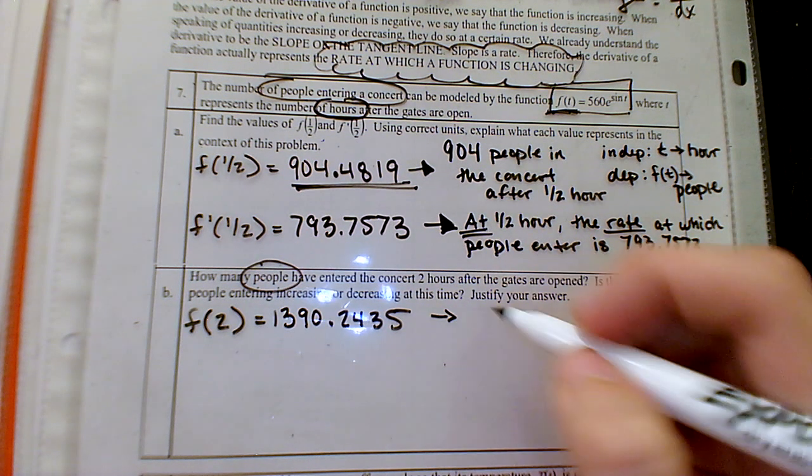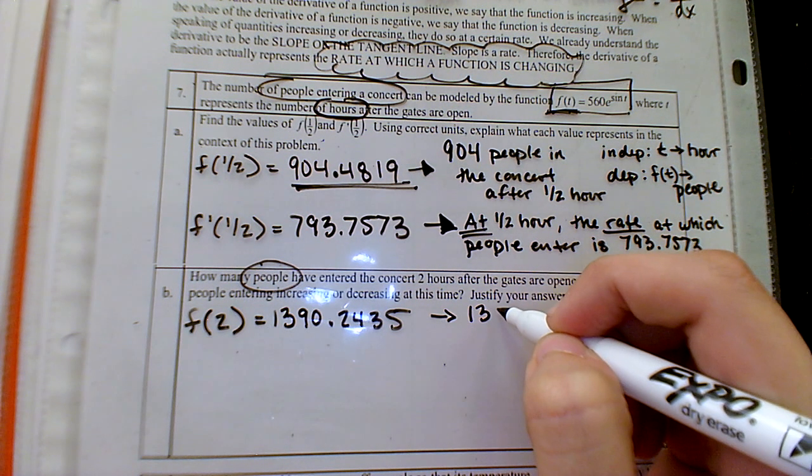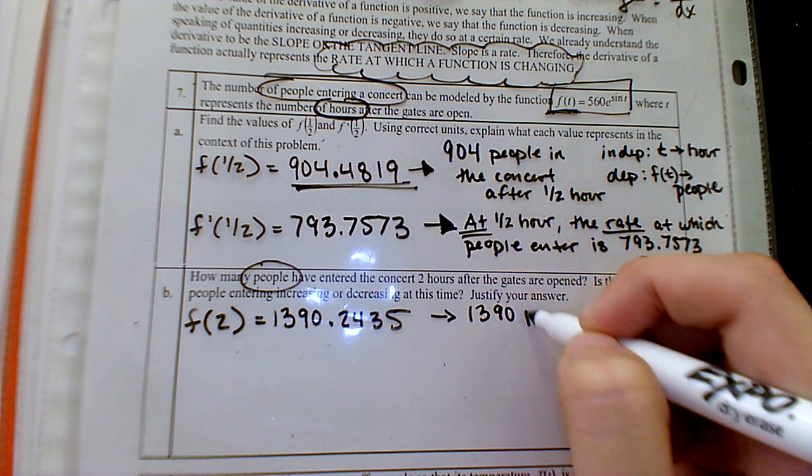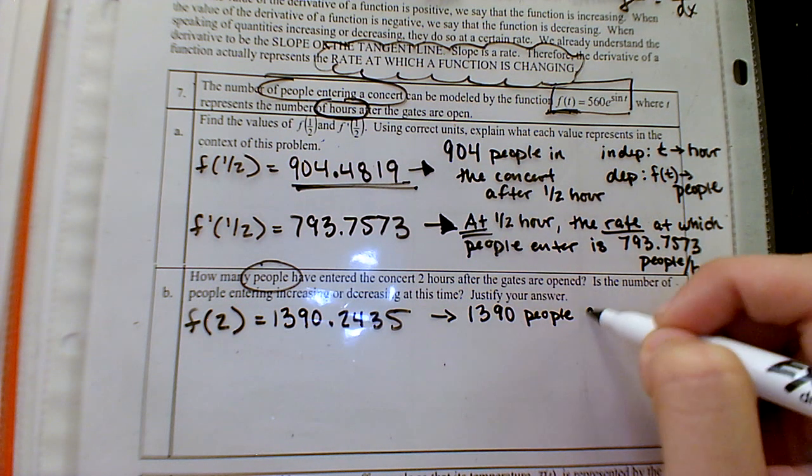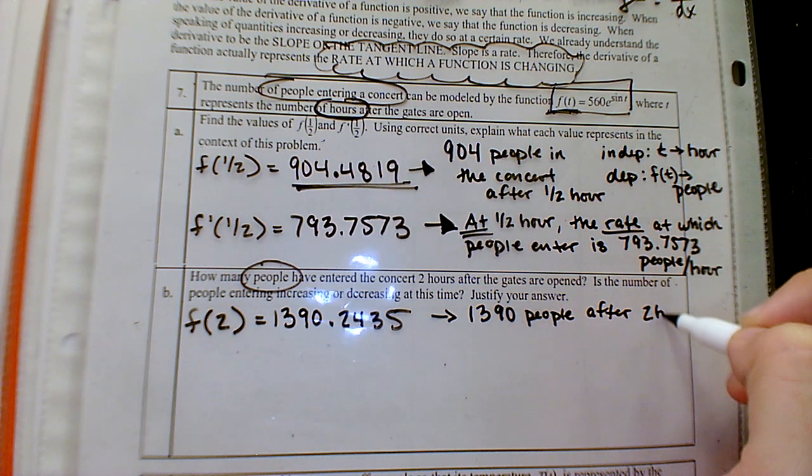All right, so we'll interpret the value. We can say this is 1,390 people after 2 hours.